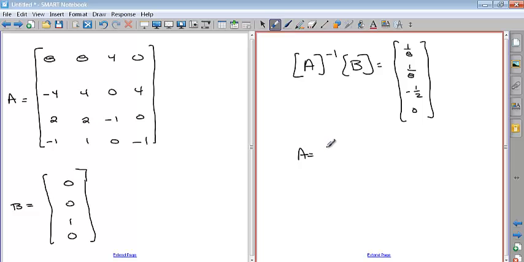So constant A is 1/8, constant B is 1/8, constant C is negative 1/2, and constant D is 0.